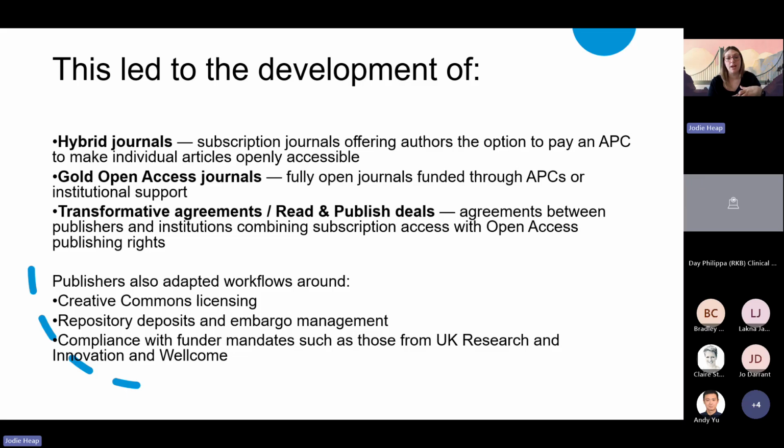And then we have things that are called transformative agreements or read and publish. This is specifically centering around how libraries and institutions gain access to read papers for students to study from, and also for researchers within those institutions to also publish in those journals for the students to read.